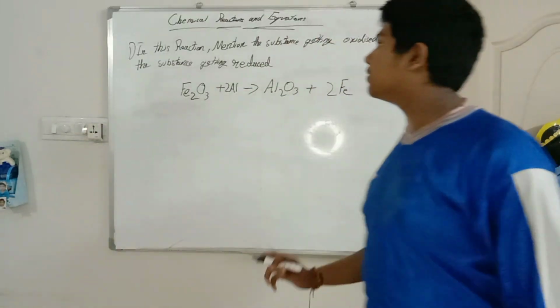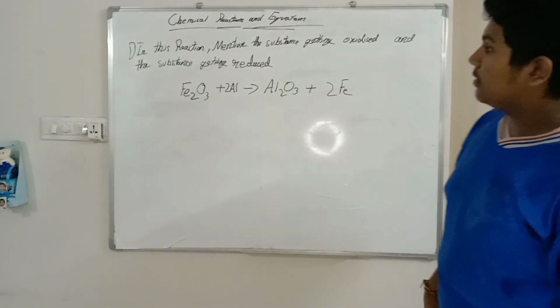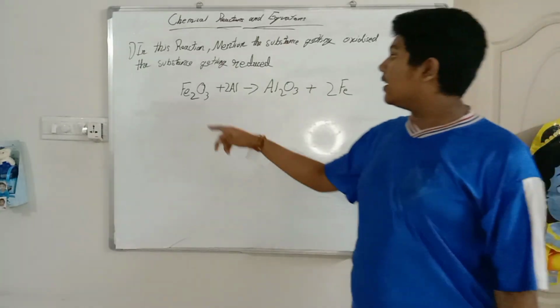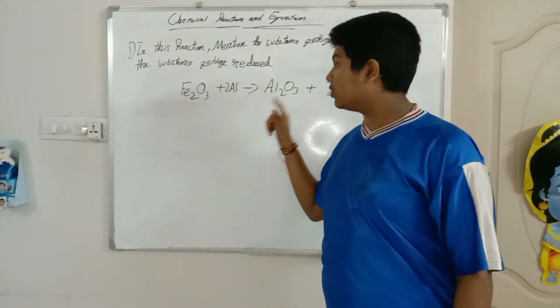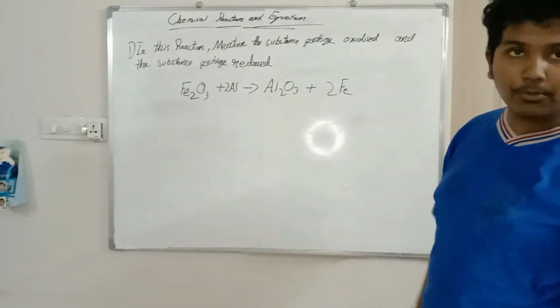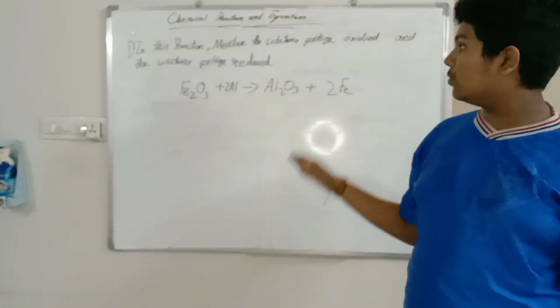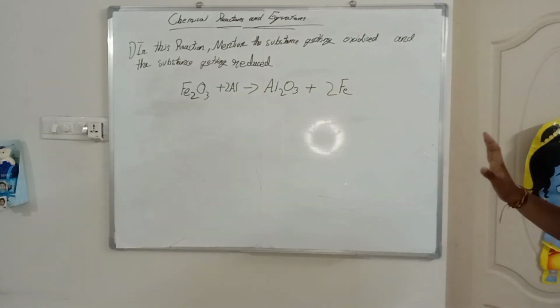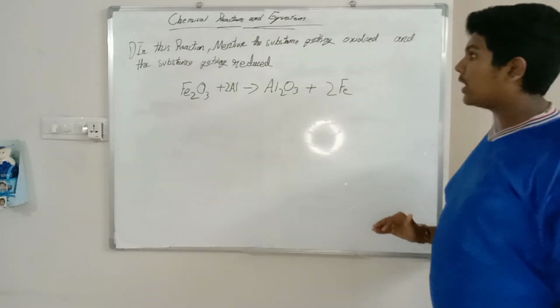So here is the given equation, this reaction. Fe2O3 plus 2Al, that is 2 aluminium, gives you Al2O3 plus 2Fe. So what do you understand from this reaction?